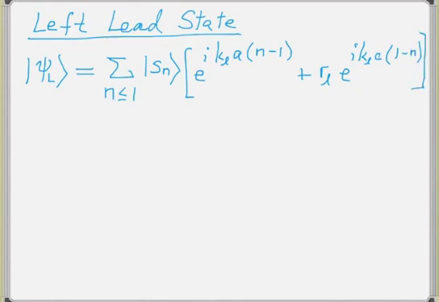Okay. So this is what I wrote down for the injected and reflected plane waves in the continuum representation. This is what they look like in our tight binding basis. Okay. Everyone happy with that? It just looked like it, right?